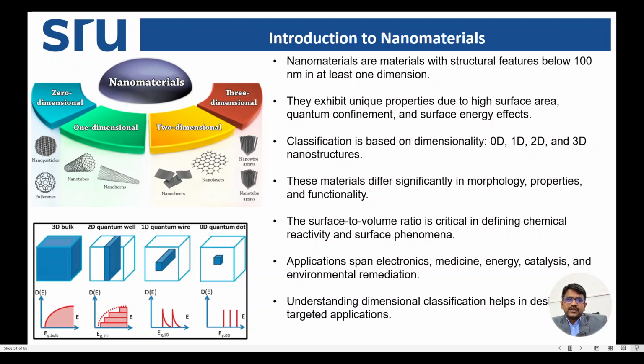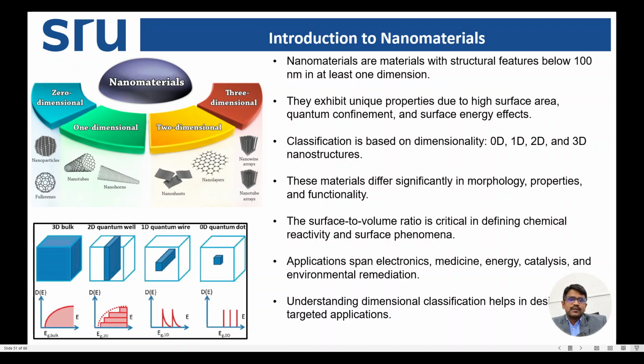That's why every type of nanomaterial, zero dimensional, 1D, 2D, 3D, has its own pros and cons. There are some advantages and also disadvantages. That means every type of nanomaterial has its own advantages for a specific end application.